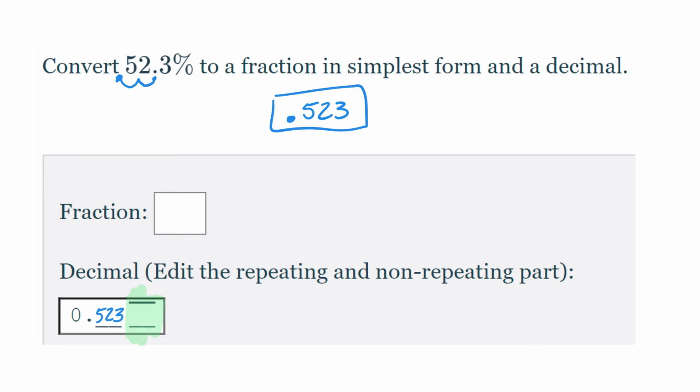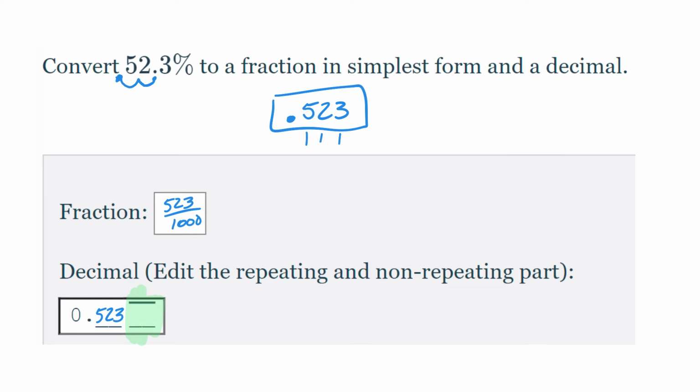So now we're going to write this in fraction form. Now we've talked about tens, hundreds, and thousands throughout our academic career here. So what we have is the thousands place. So what we have is 523 out of 1,000.